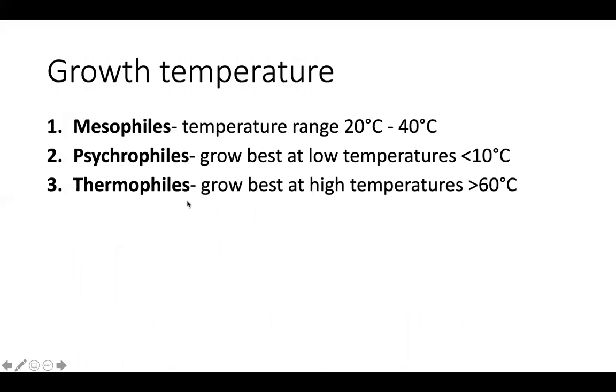So what about the growth temperature? So we have mesophiles. These grow at 20 to 40 degrees centigrade. We have psychrophiles, which grow best at low temperatures. We have the thermophiles, which grow best at high temperatures. So obviously, the body, what's the normal range of the human body temperature?